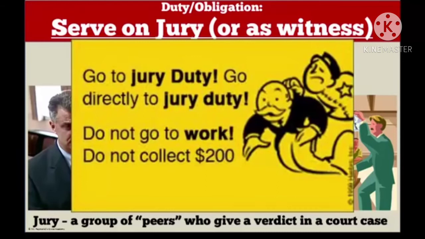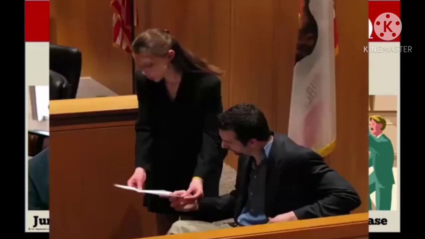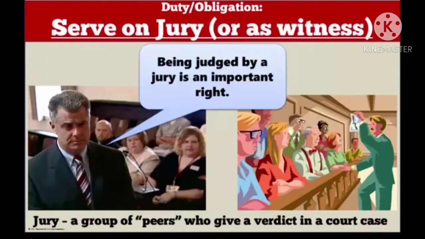So it means serving on a jury is a duty, and you don't have the option to refuse it. In addition to serving on a jury, citizens are required to serve in court if they are called to do so. Most times they receive a summons to become a witness in particular cases.